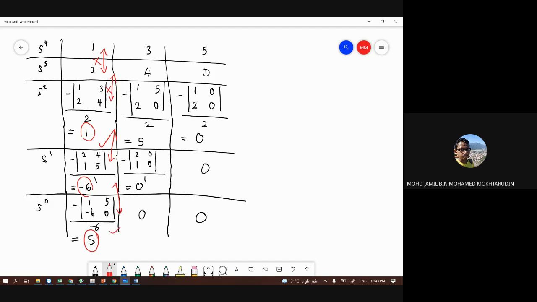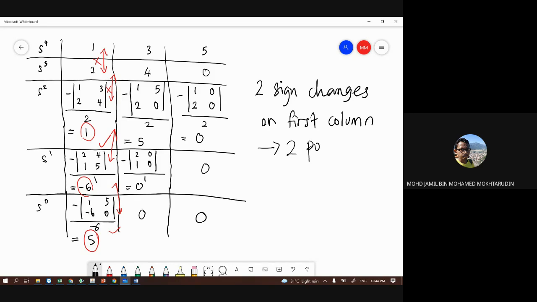Okay. So here we have two sign changes on the first column. When you have two sign changes, it means that there are two poles located on the right-hand side of the S-plane.